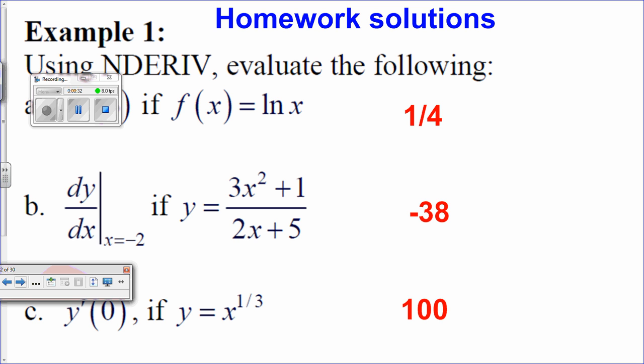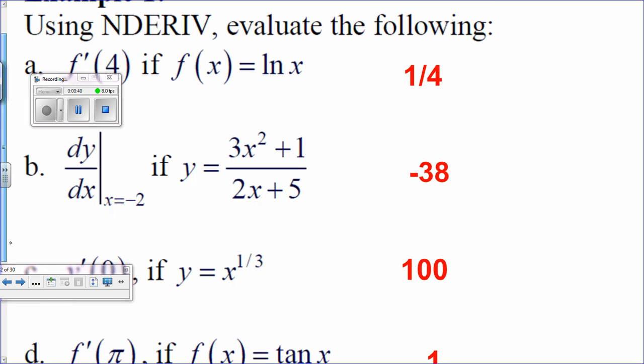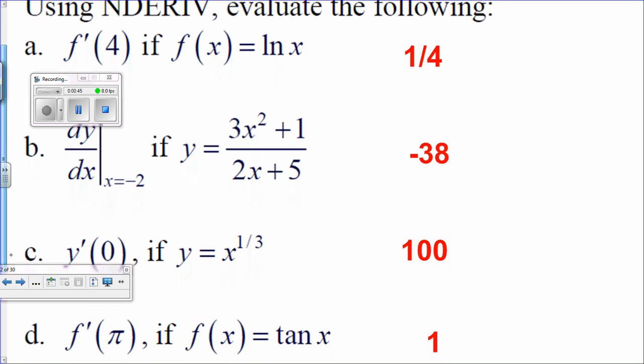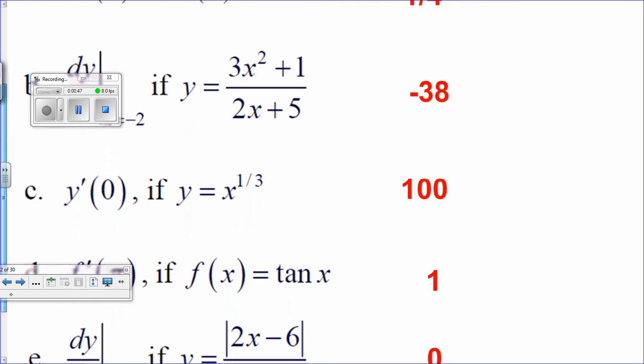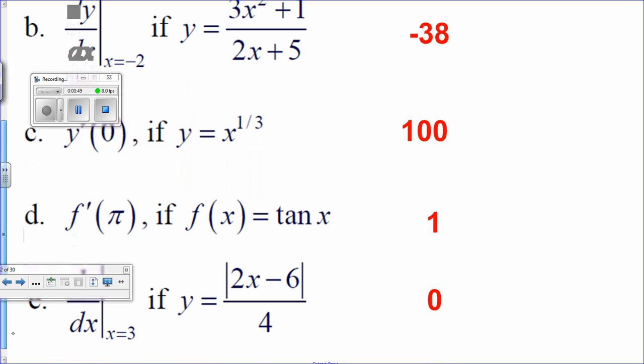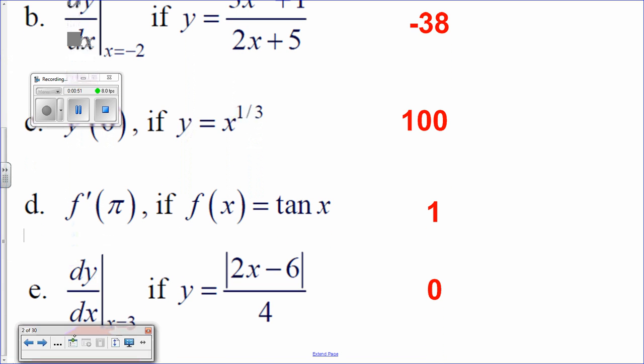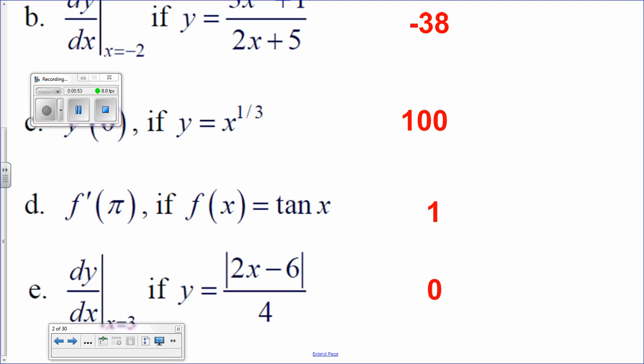Going over the homework, you had to use deriv, enter the function, comma x, comma the value. On the worksheet, we have the first one, 1/4, b, -38, c, 100, d, 1, and e, 0. These are the values that the calculator gave us.